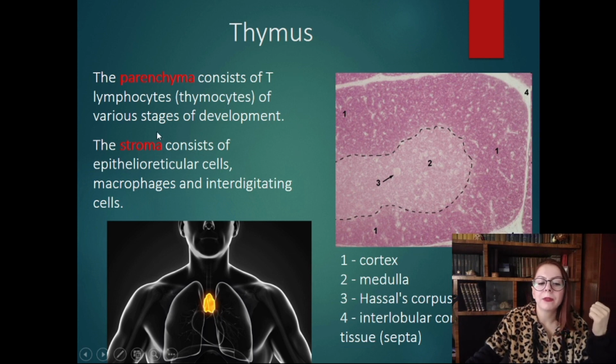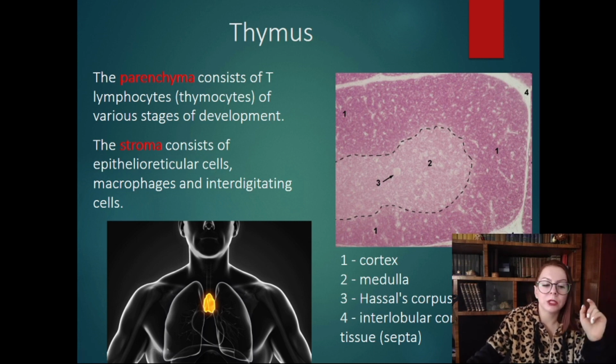And stroma of the organ is very unusual, as it is represented by epithelial reticular cells. Why they are called epithelial reticular cells? Because they derive from the epithelial tissue, while they perform the function of reticular cells.